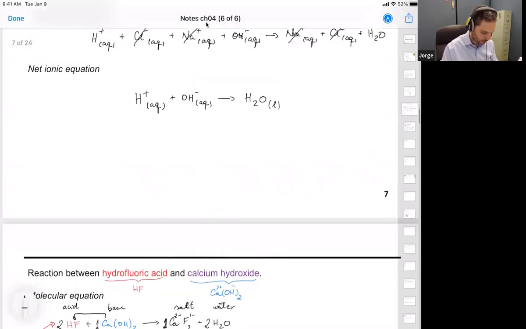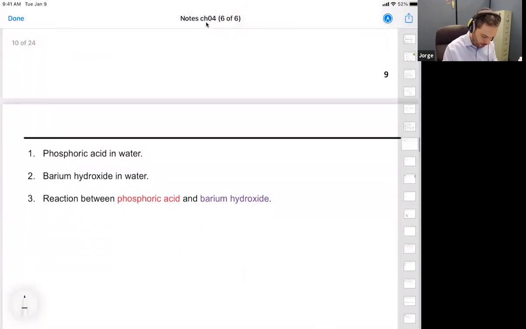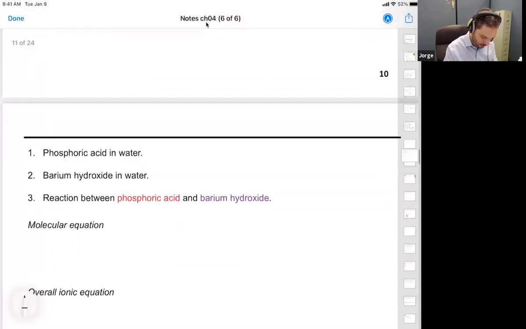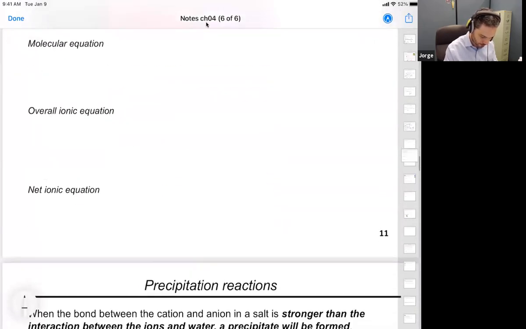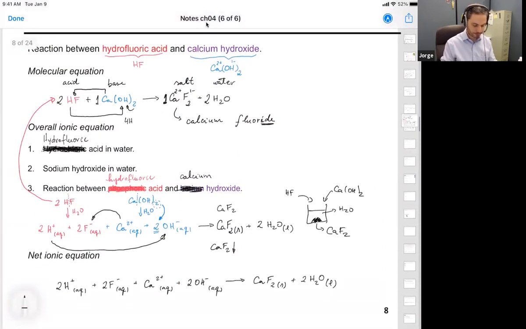Okay. So the second example I did with you guys was regarding the hydrofluoric acid and calcium hydroxide. Okay, so let's see here. We can revisit this example here.